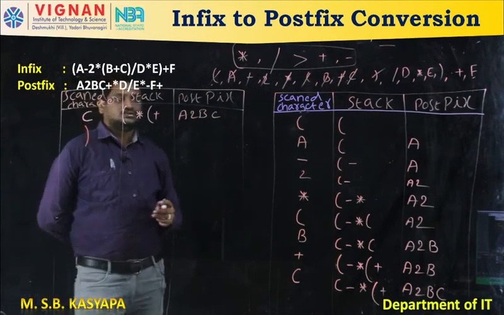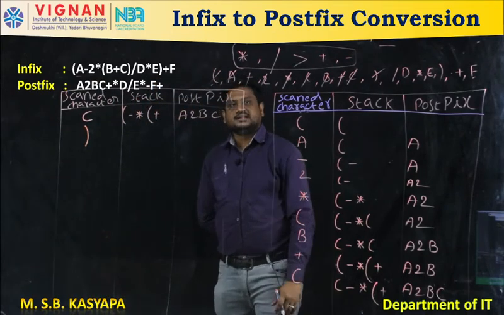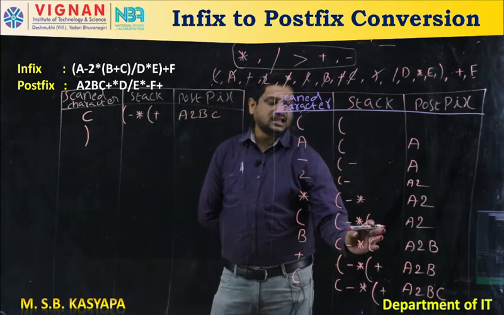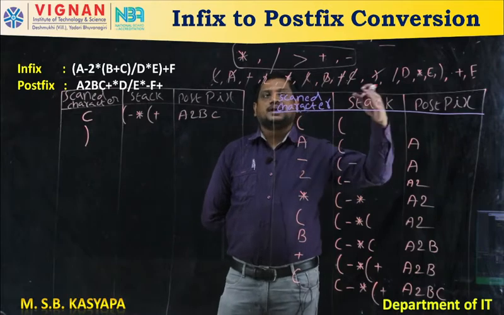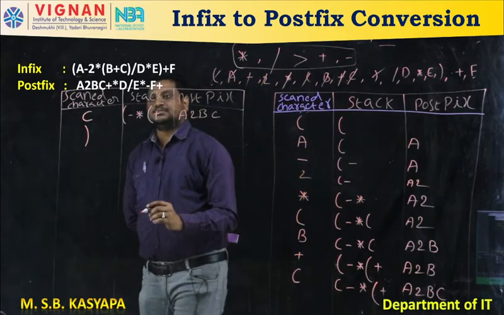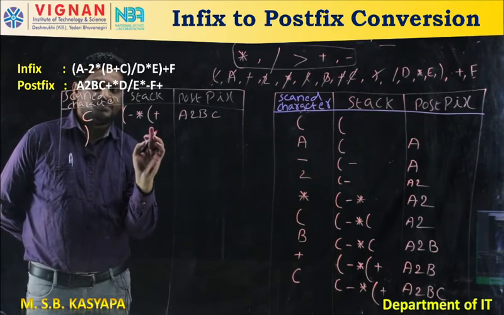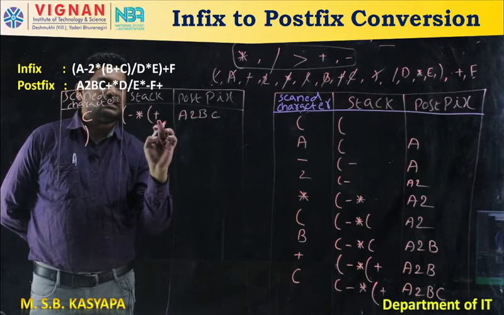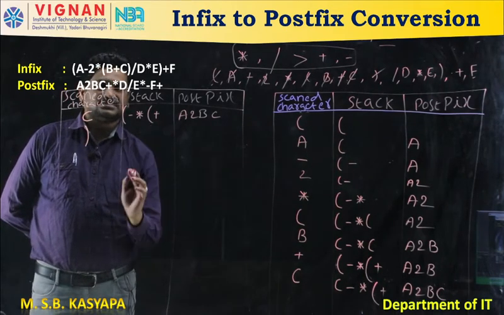As you know from the previous slide, if it is a closed bracket, then I have to move whatever operators are available in the stack into the postfix expression until an open bracket. Here I have the first open bracket. Until this one, whatever operators are available in the stack, I have to move to the postfix expression. Now, I have only plus available, am I right?